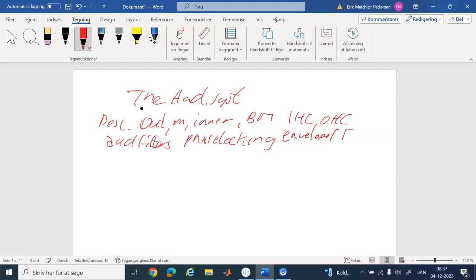Okay. We have an outer ear with a pinna, a concha, and the ear canal.